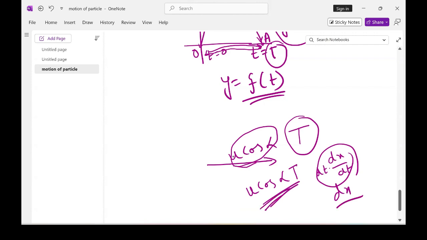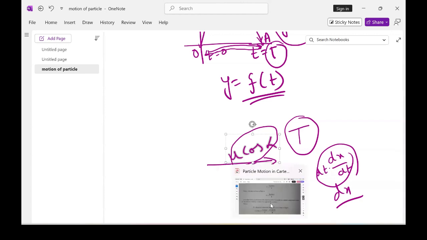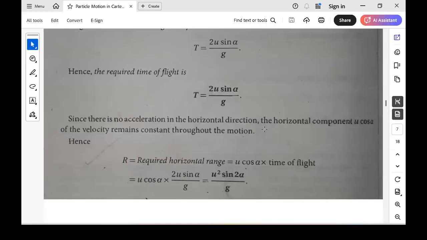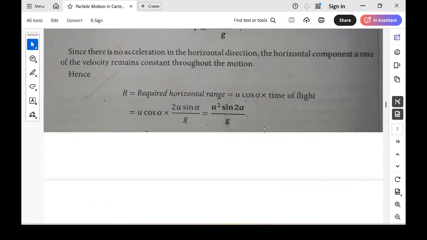So this is your horizontal range. Now you have already calculated T, so you can easily plug it in here and you get the required horizontal range for the flight. Okay, so let us stop it.